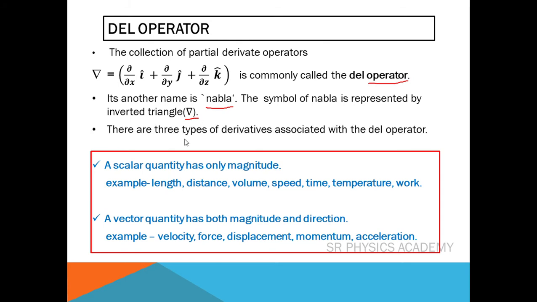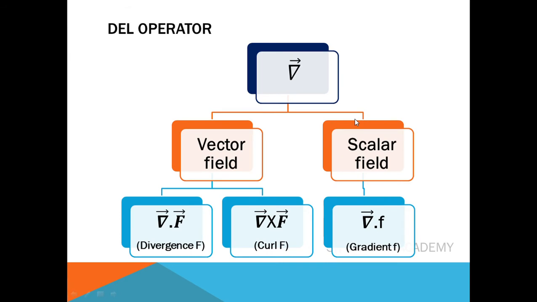There are three types of derivatives associated with the del operator. Here the del is divided into two parts: one is the scalar field and another is the vector field. The scalar field case is when del operates on a scalar function, the small letter f.